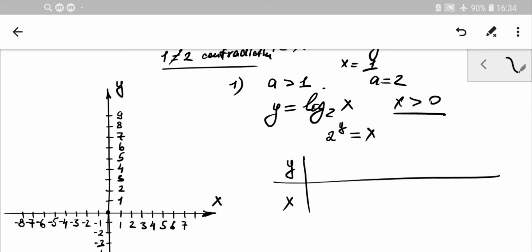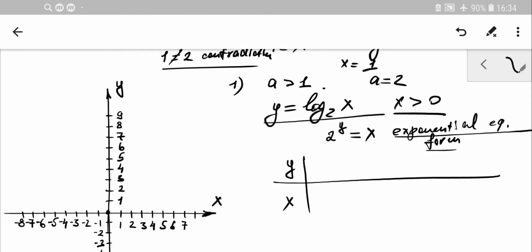So we calculate in an inverse way using the exponential equivalent form of our logarithmic function. Okay, so let's run y through, let's say, -3, -2, and so on, varying it with a step of 1, then 0, 1, 2, 3.